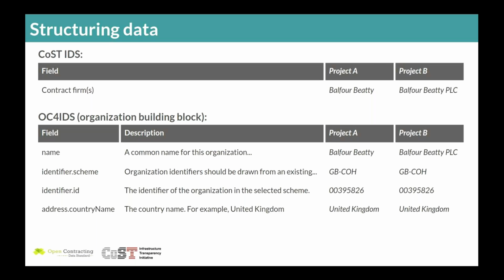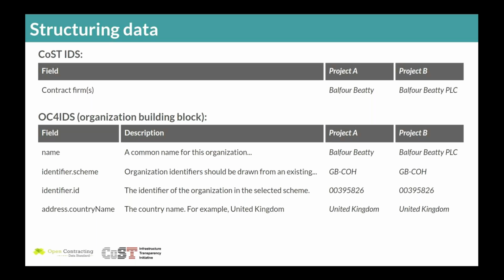Okay, so as long as the scheme that the identifier is drawn from tells users how to interpret the identifier, we can use that identifier to link to other data sources, such as beneficial ownership information. I know that one of your projects is looking at beneficial ownership information, so I would encourage you to look at how to specify organisations within OC4IDS and OCDS so that users of the data can identify who exactly you're talking about.